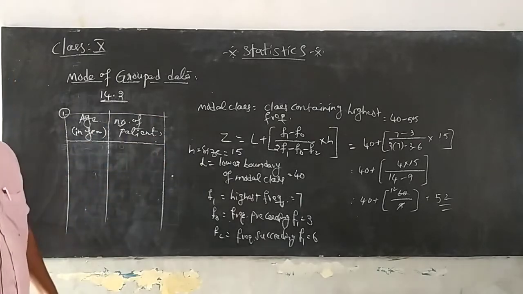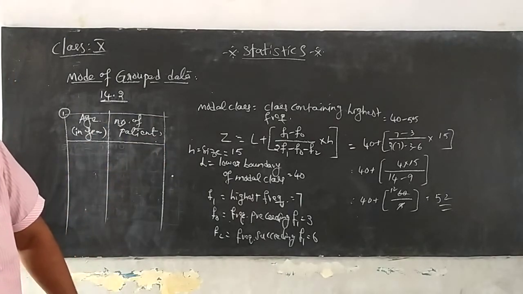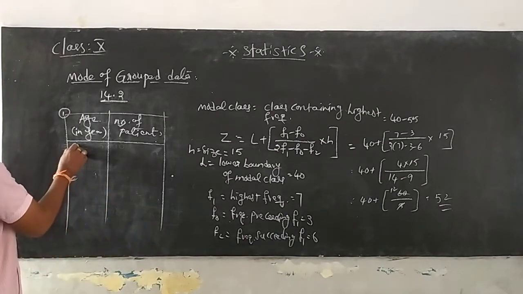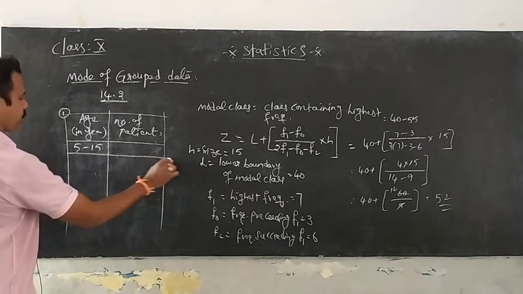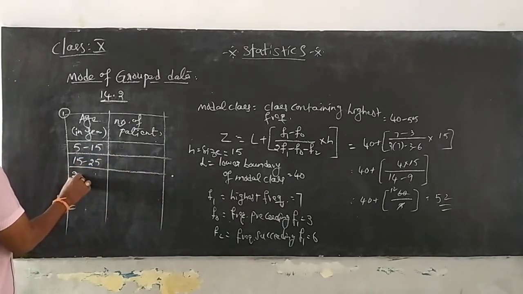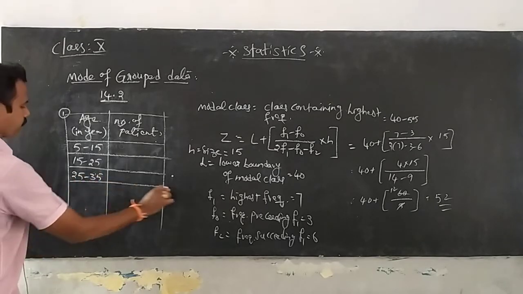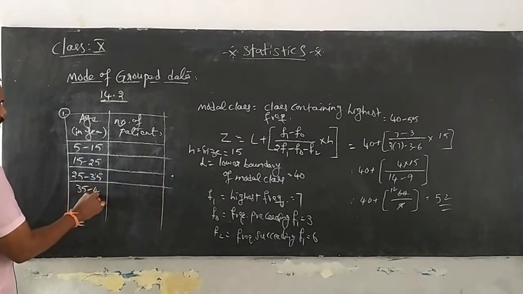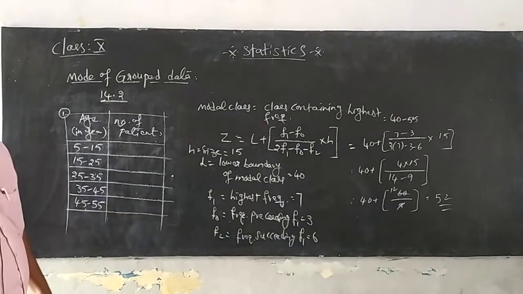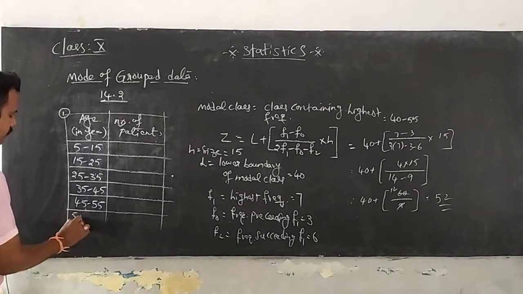Clear, guys? Now let us see what is given to us. The classes are 5 to 15, 15 to 25, 25 to 35, 35 to 45, 45 to 55, and 55 to 65, the last one.